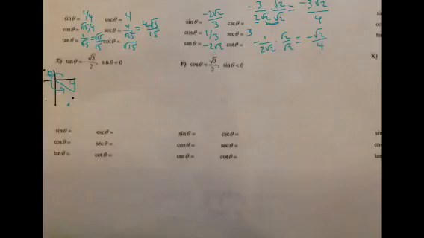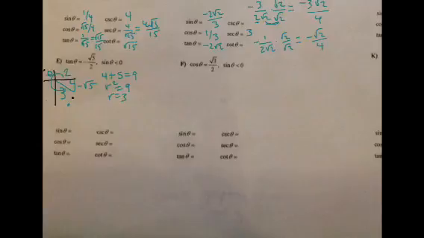Tangent is y over x, so y is negative radical 5 and x is positive 2. With the Pythagorean theorem, we get 2 squared, which is 4, plus negative radical 5 squared, which is 5, equals 9. So r squared is 9, so r is 3. So here's 3 right here.